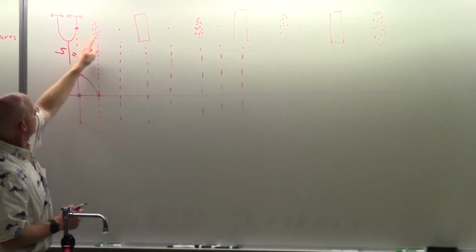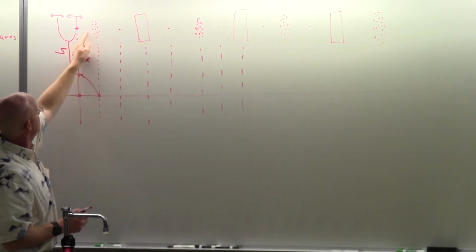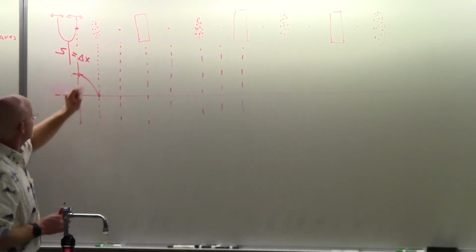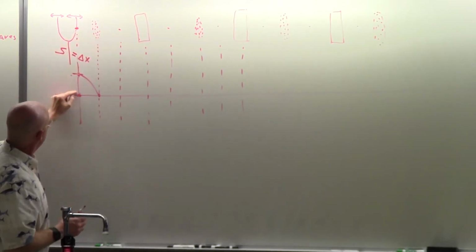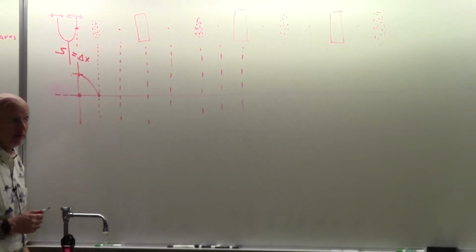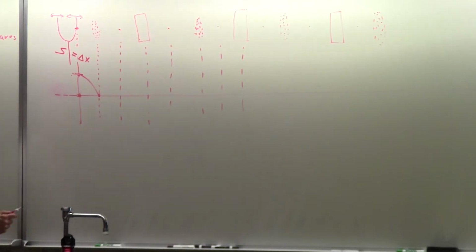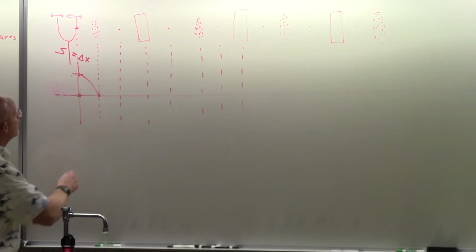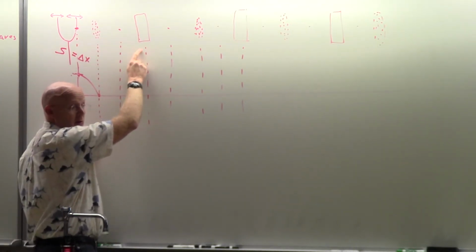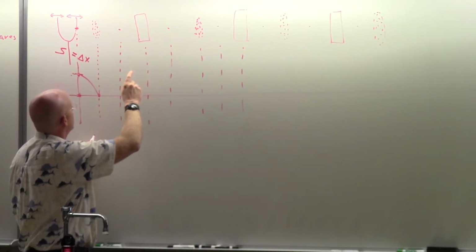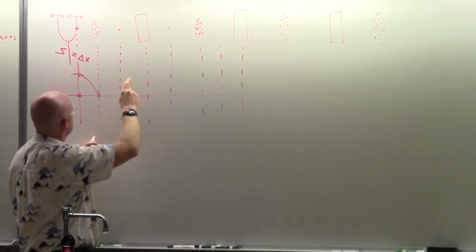These guys moved over to here. These guys moved over to here. These guys moved over to here. These guys here didn't move as far to get here. These guys here moved a long way to get here. Fair enough? Now, let's look closely then at, remember why this was a vacuum? Let's see, did I mess up here?